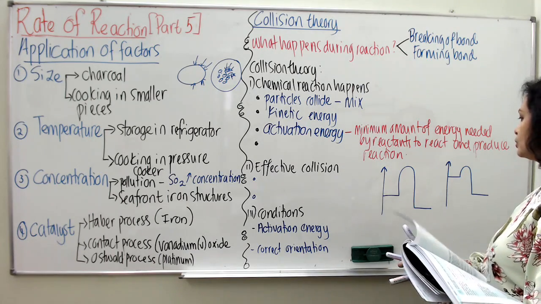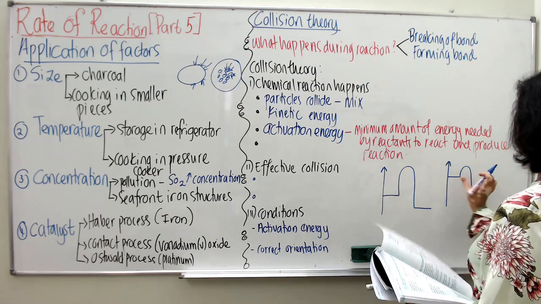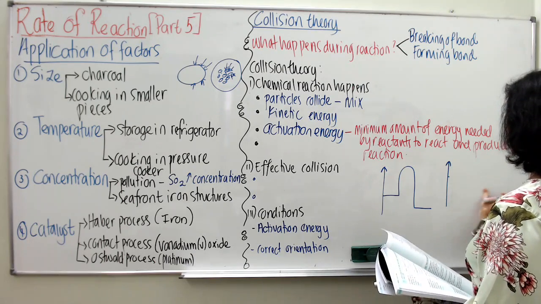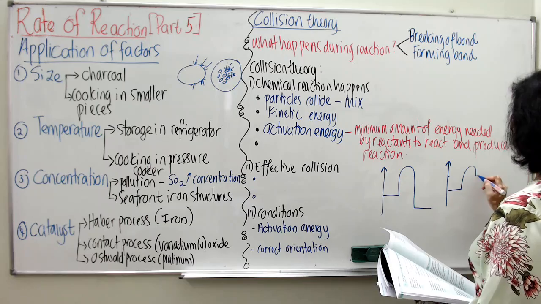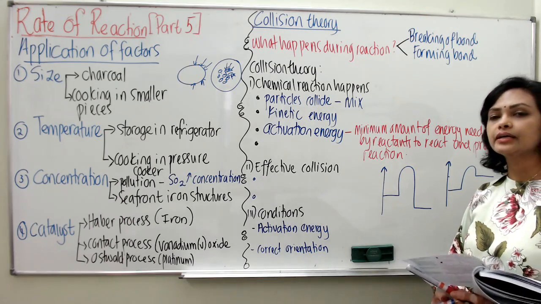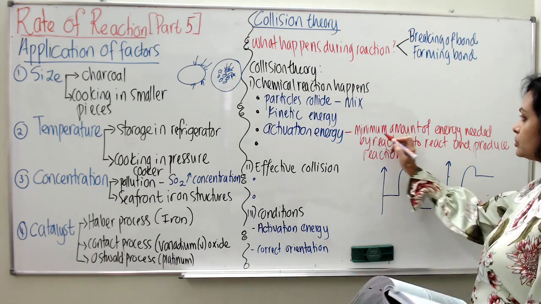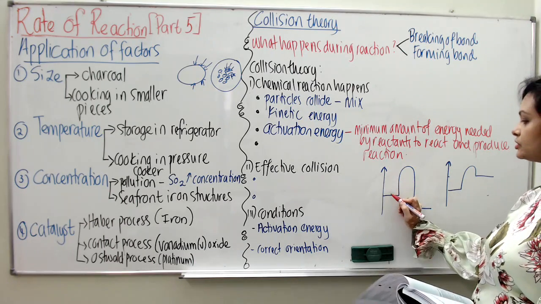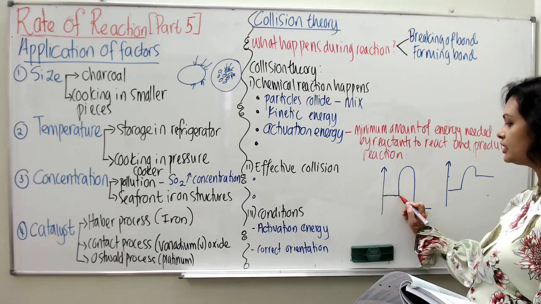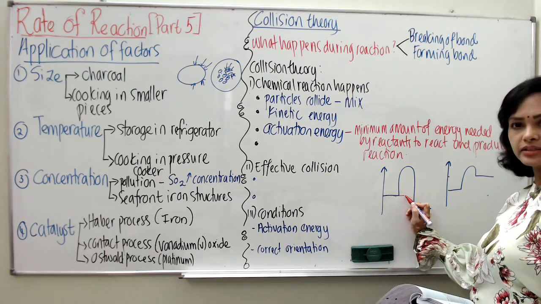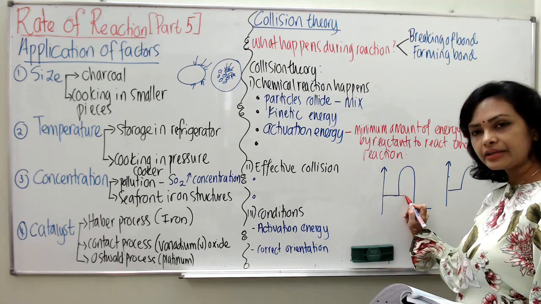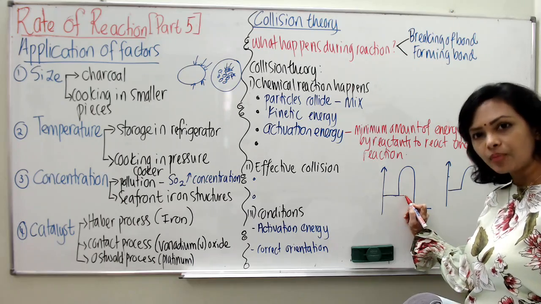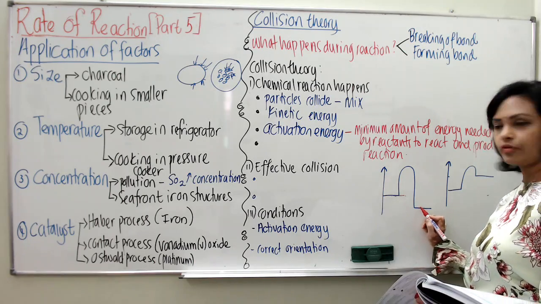Now, you can see that activation energy is the minimum amount of energy needed by reactants. This shows that the activation energy comes from the reactant. Please remember that the activation energy comes from the reactant, none from the product.